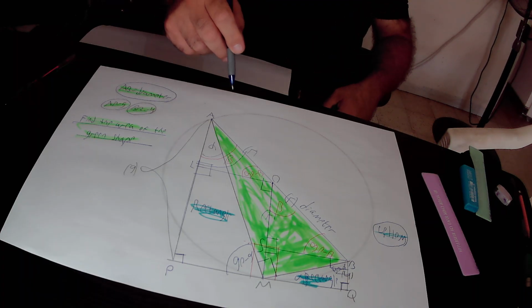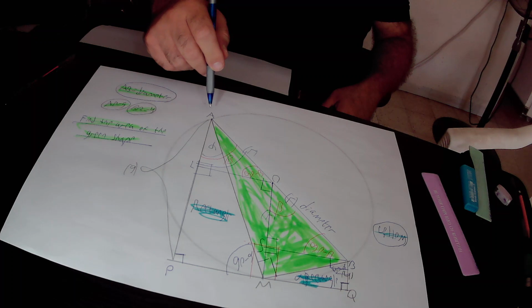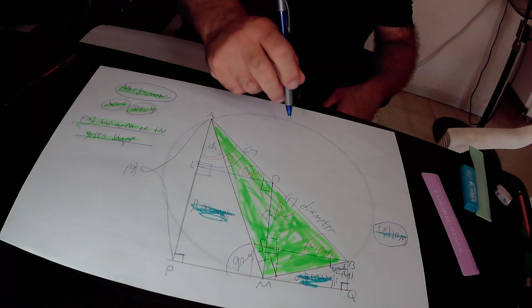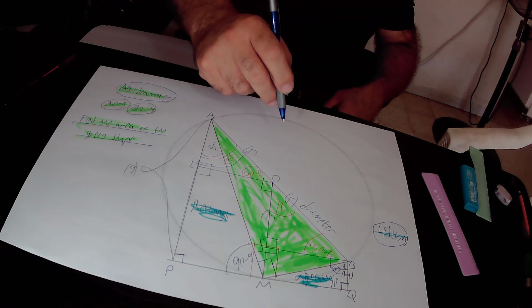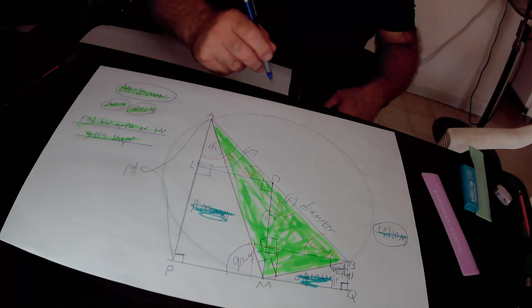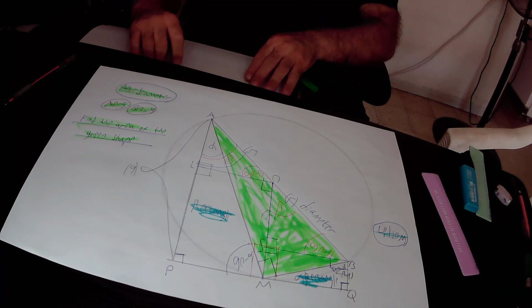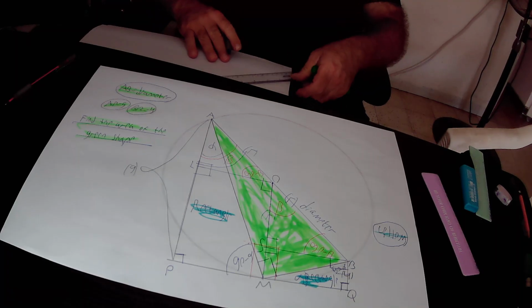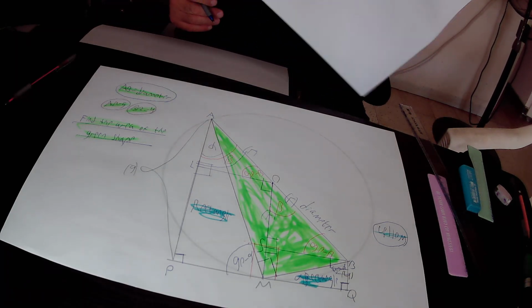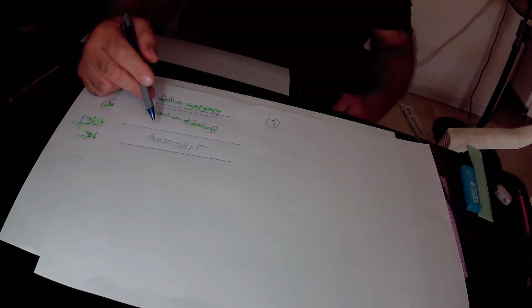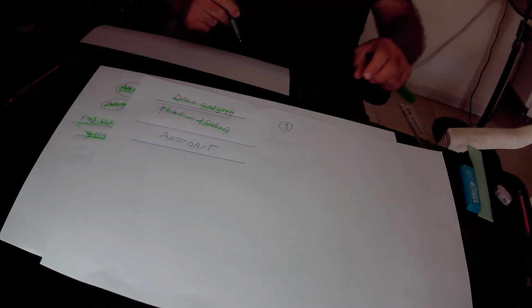So here, side AO in the right triangle ALO is equal to side OB in the right triangle OSB. They are both the radius of the circle that is equal to R, therefore they are equal to each other.